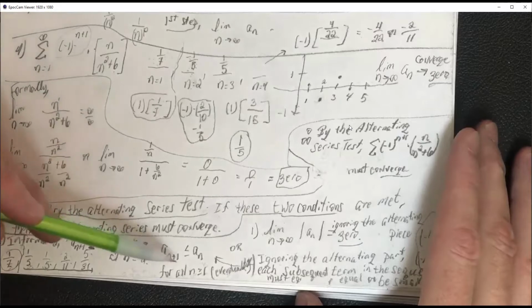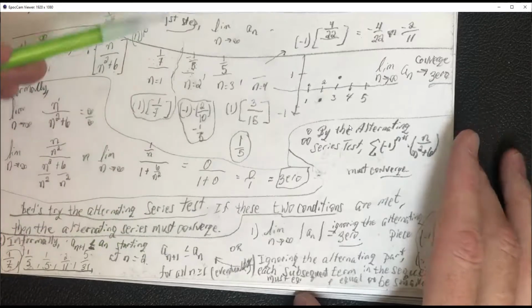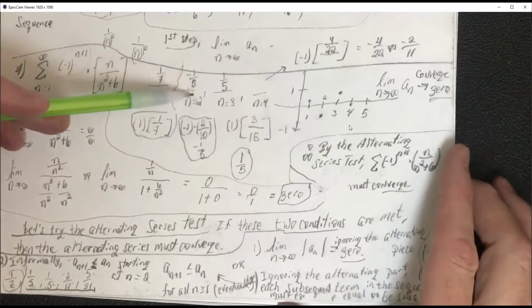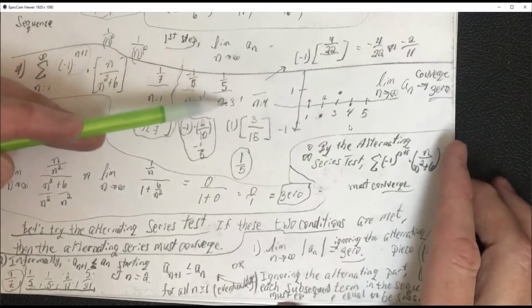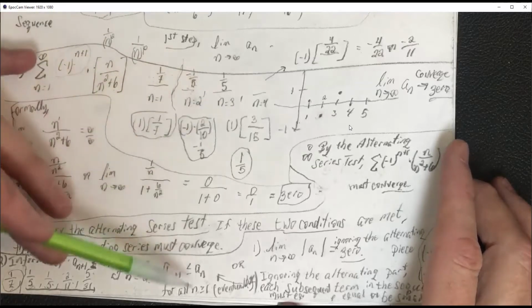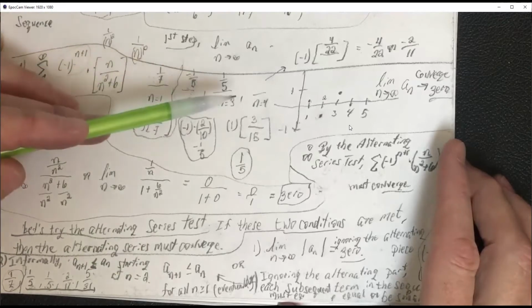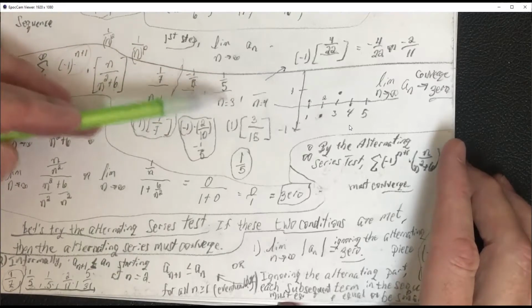As long as the second condition is met eventually, whether starting with the first term or starting with the second term, which happened in this problem, or even if it was another problem and it started happening on the third term, then when you go back up to the sum of all the terms, you don't have to make an adjustment and say, oh, starting with the third term.